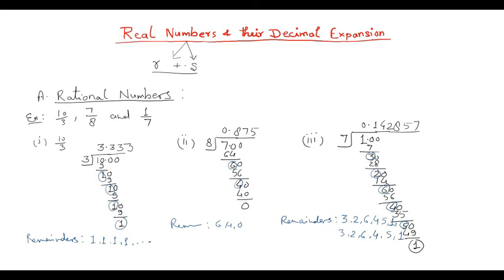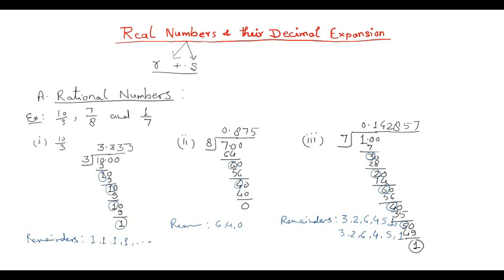Here we are noticing a few patterns. These patterns are not limited to the above examples. It is true for all rationals, that is p by q where q is not equal to 0.